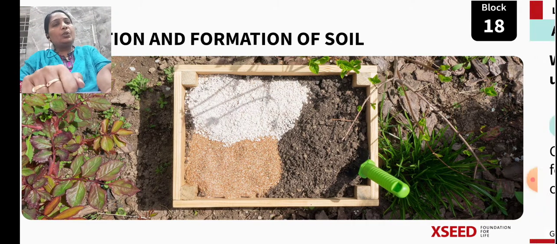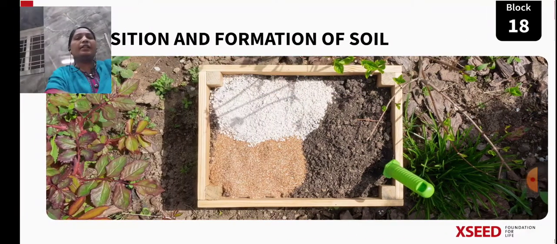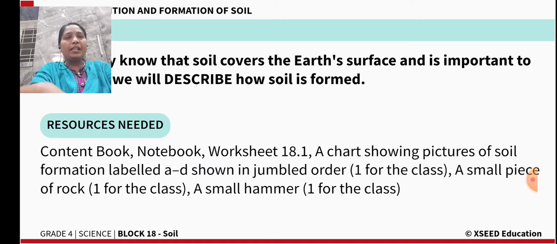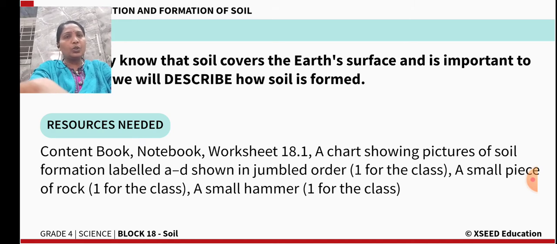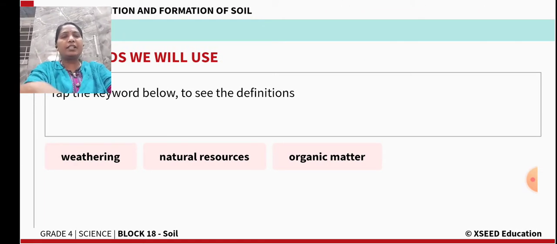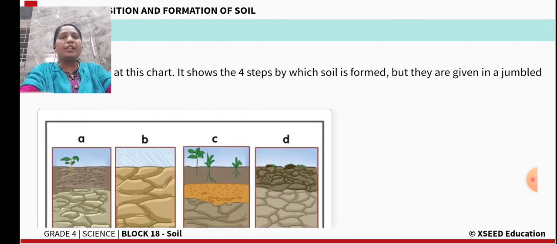Okay? To understand this, you can read from the content book. In the content book, along with the pictures, it has clearly given how the soil is useful and what different layers there are, so you can understand very clearly.